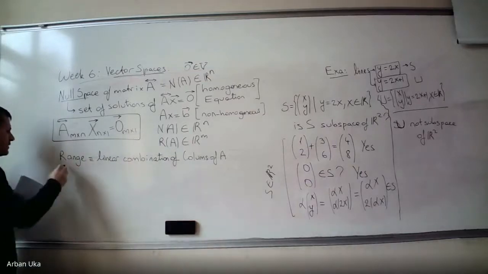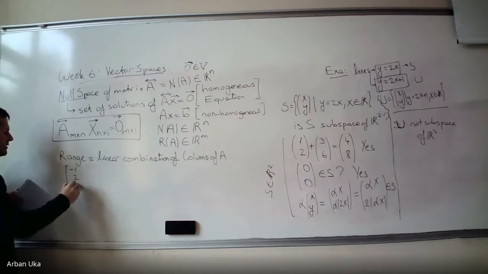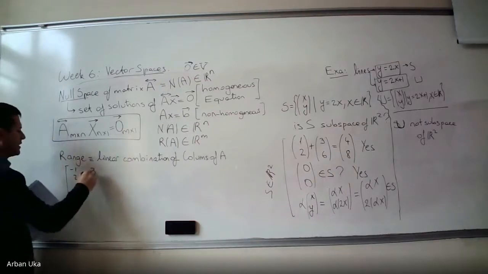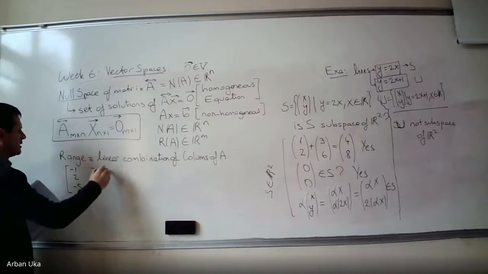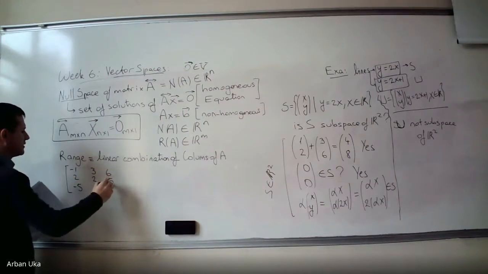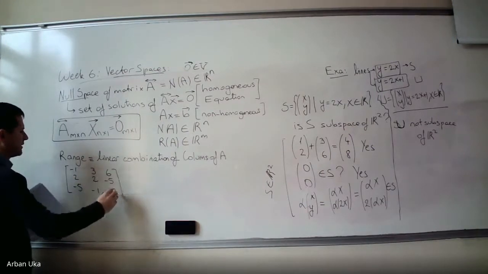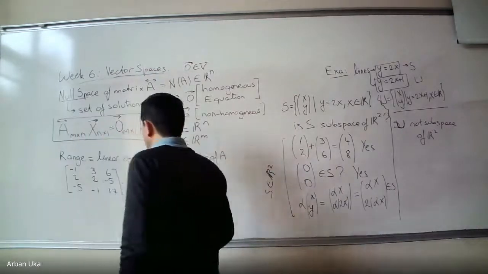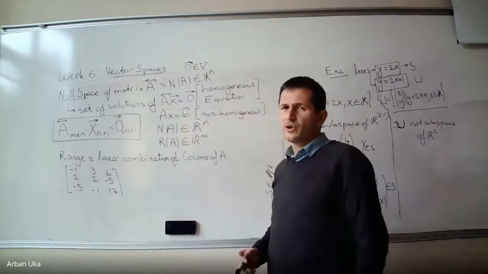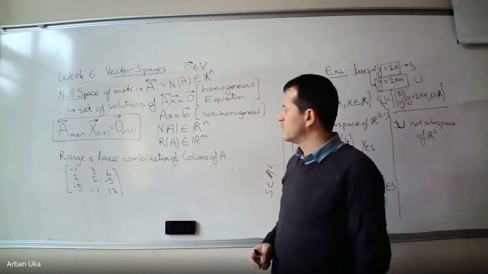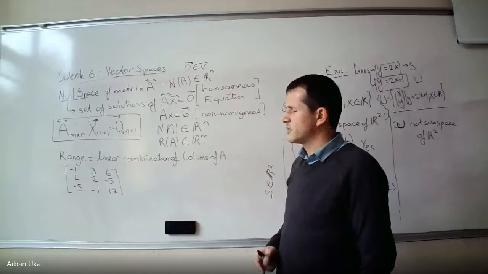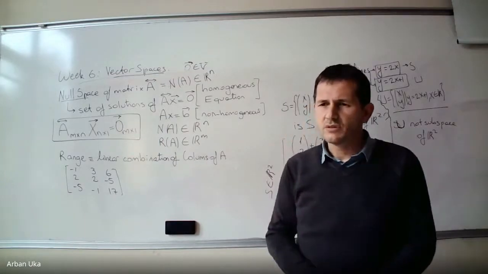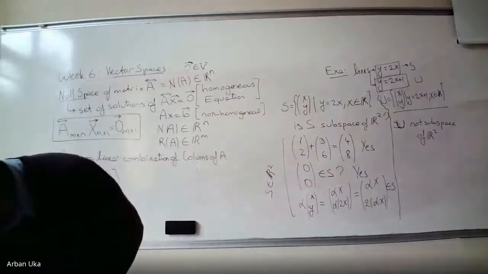So we combine the columns in one way, and then we obtain the range. For example, it's always good to have an example. We have -1, 2, -5. This is matrix A. 3, 2, -1. 6, -5, 17. This is matrix A, okay? And then let's see how we can make a vector which is in the range of A. So someone in the class, who wants to give me one vector which is in the range of A?